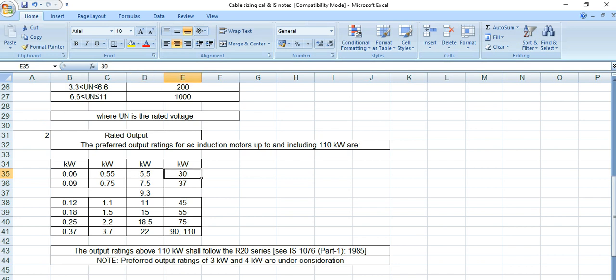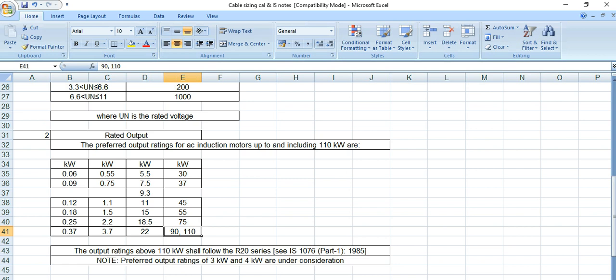Here 30 kilowatt is also very much standard. After 30 kilowatt, 37 kilowatt is coming. Next is 45 kilowatt, a standard rating. After 45 kilowatt, 55 kilowatt is coming. Then 75 kilowatt is very much standard, and 90 kilowatt and 110 kilowatt are also standard motor ratings.